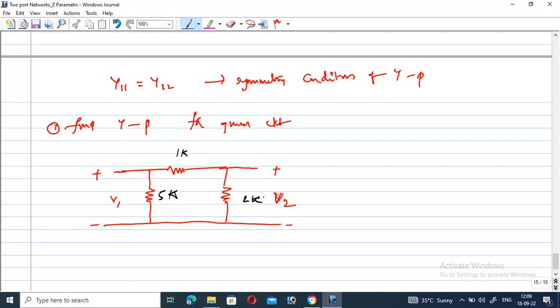Now we have to calculate the y parameters for this circuit. Before calculating these kinds of circuits, let us go for one ideal case, then we will come to this one. Then it is easy for us.